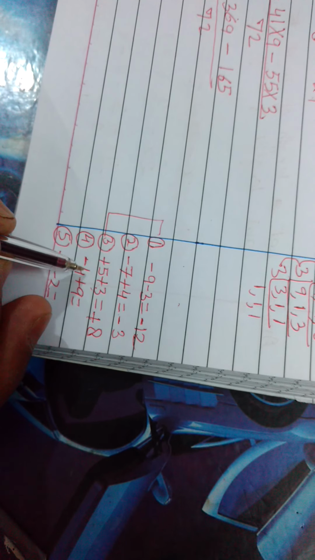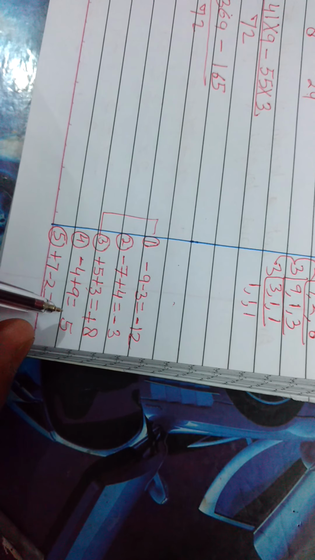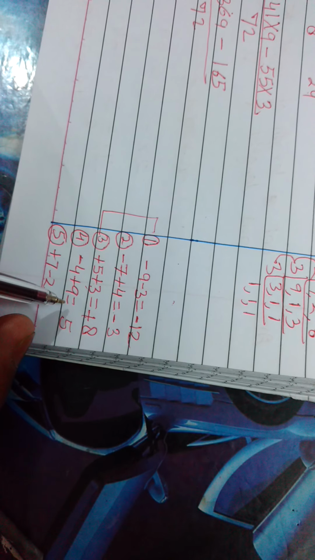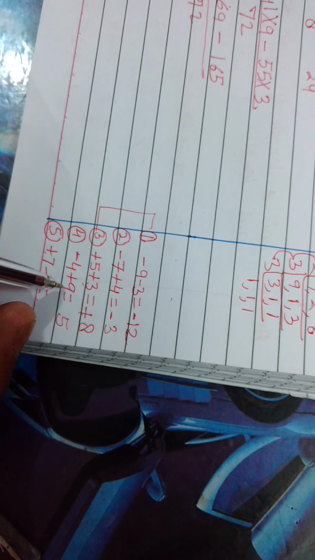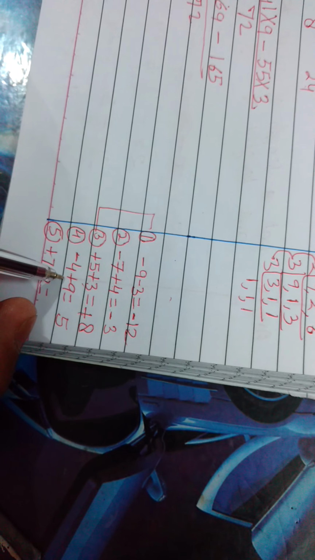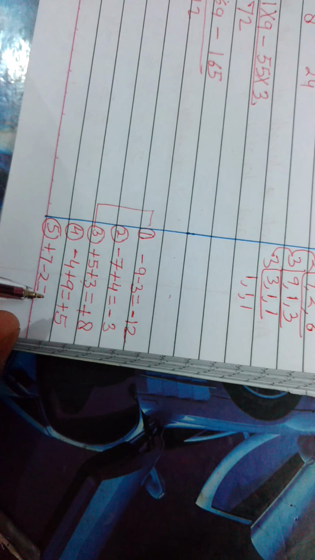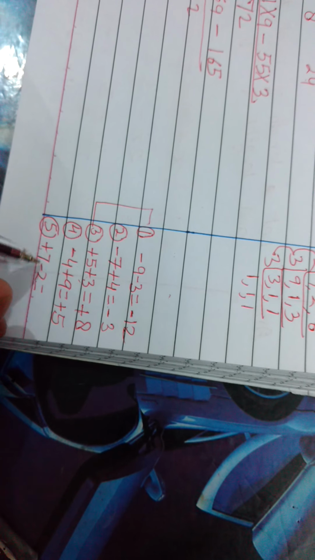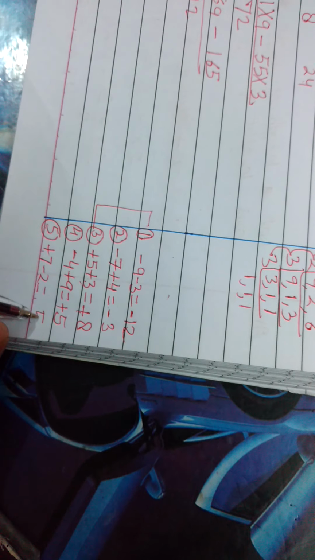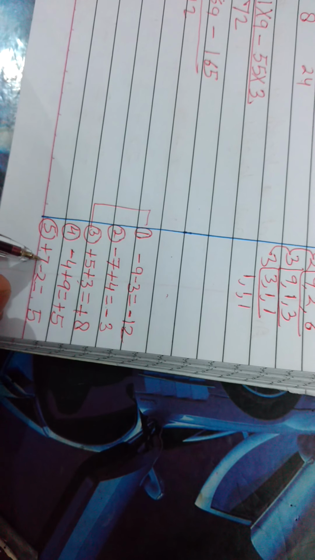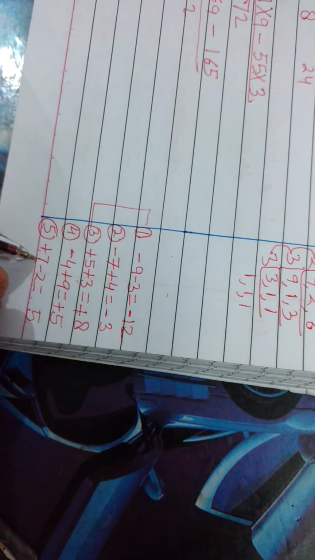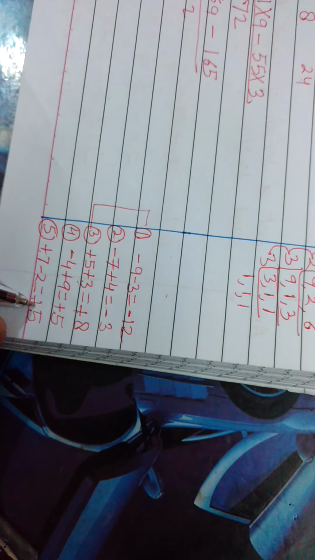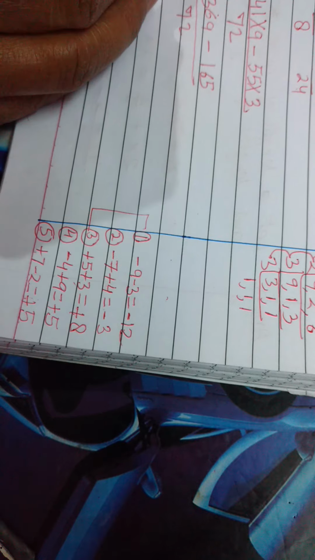We subtract: 9 minus 4, 5. Then we put the sign of the bigger number. What is the bigger number here? 9. And the sign of the 9, on the left side we see positive, so we put the positive here. Same way, again they have different signs, we subtract and put the sign of the bigger number. The bigger number here is 7, and the sign of the 7 is plus, so we put plus. So this logic we'll use here.